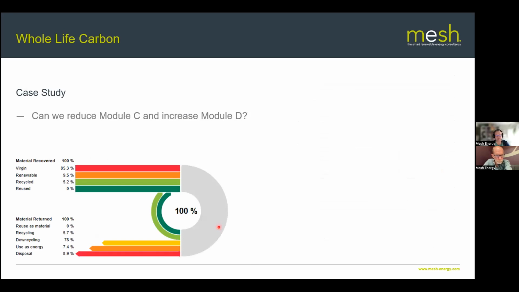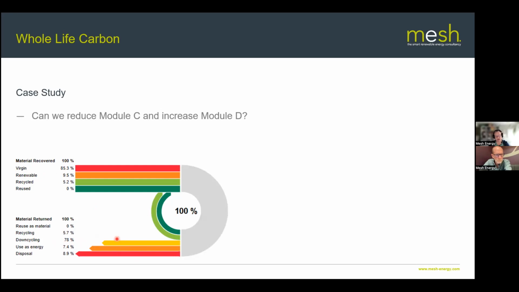So with this particular project, we started looking at whether we could reduce module C and increase module D. So, as a result of the materials that are going into this project, and this is all coming out of the One Click platform that we use, we know that all the brick and timber would be 85% virgin material. And at the end of life, if we were to do business as usual and not recycle, then 80% of that material is going to get downcycled or simply incinerated.